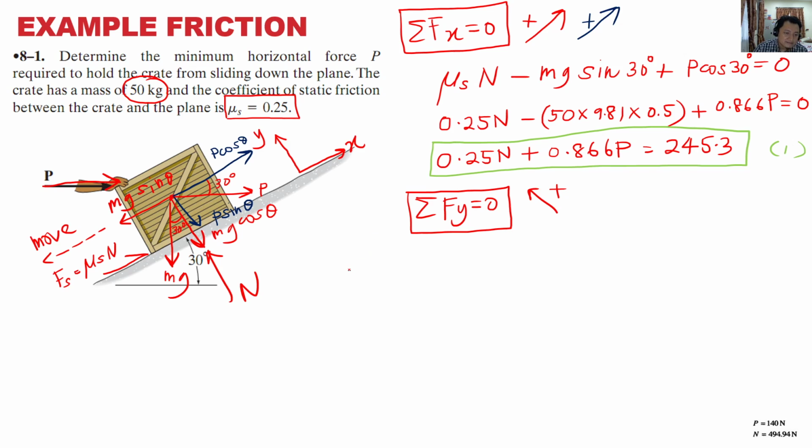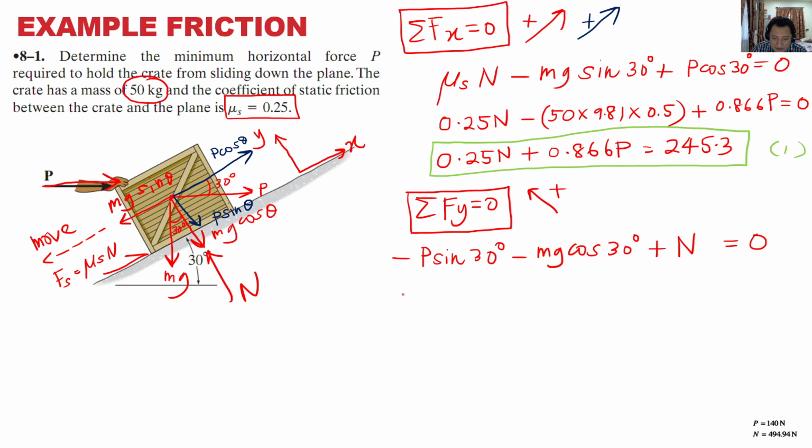So let's put everything back together. It will be a negative P sine 30 degrees, and then negative mg cos 30 degrees, and then plus N. What else am I missing? 1, 2, 3. That's it.